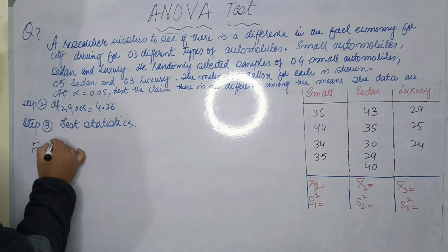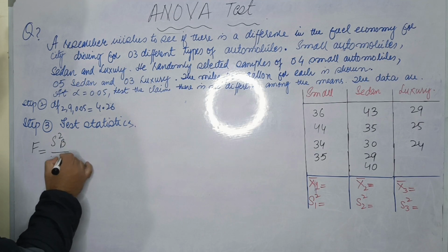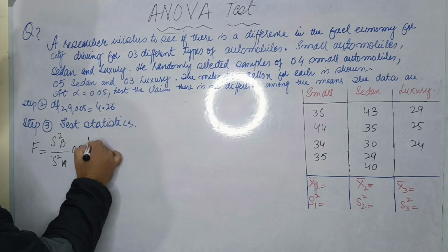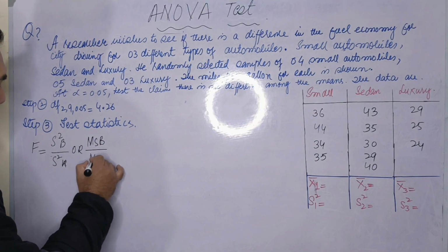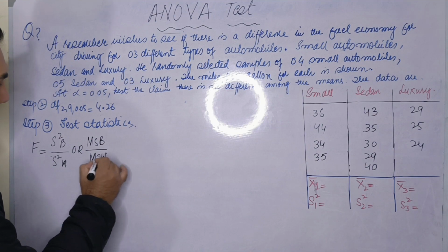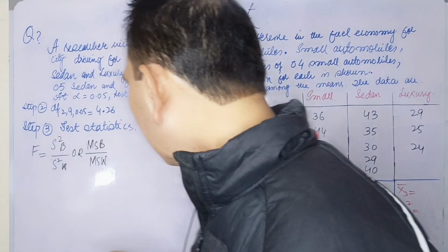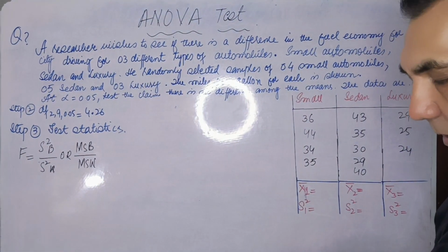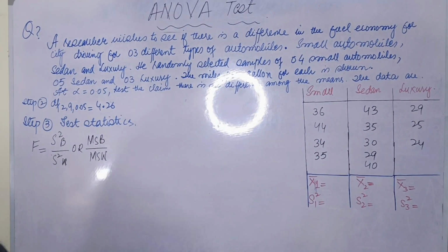It is S square between the groups and S square within the groups, or you can say the mean square between the groups and the mean square within the groups. So for this, first of all we will measure the mean of each sample.